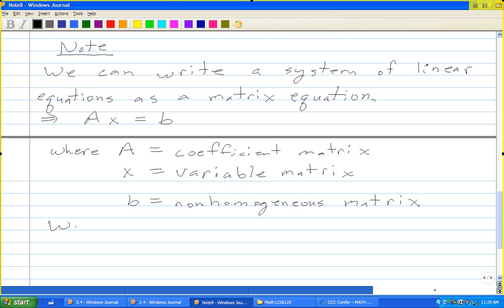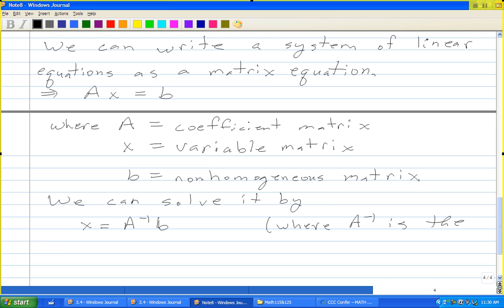So we solve it, possibly, by just finding the inverse of the matrix.